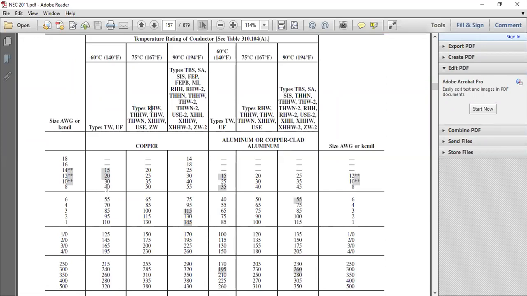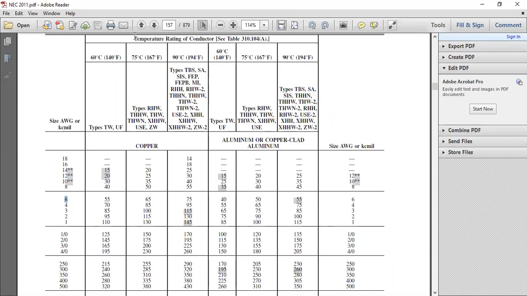So either I choose conductor size 8, which is related to 40, or this one, which is related to 55. Since it is 41.6, I'm going to go to 6. So the size of conductor 1 is going to be 6 AWG, because it's related to 55 ampere.